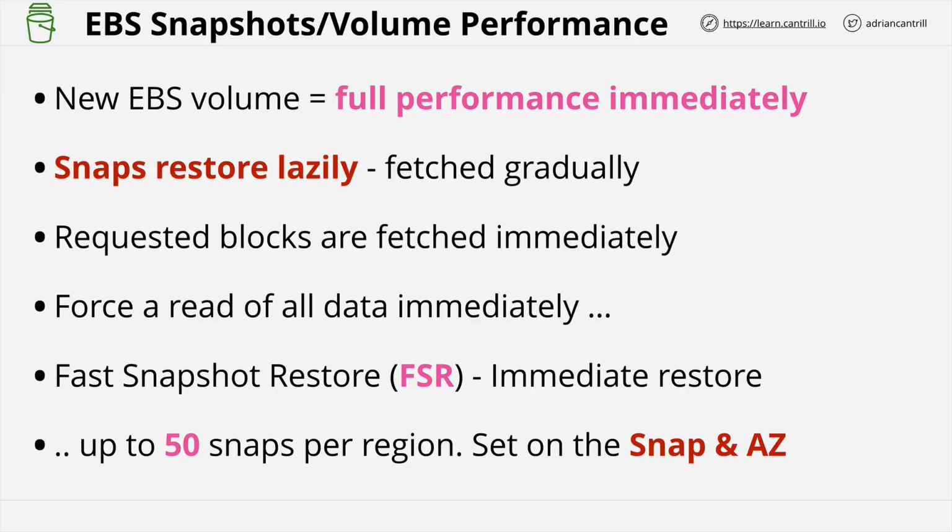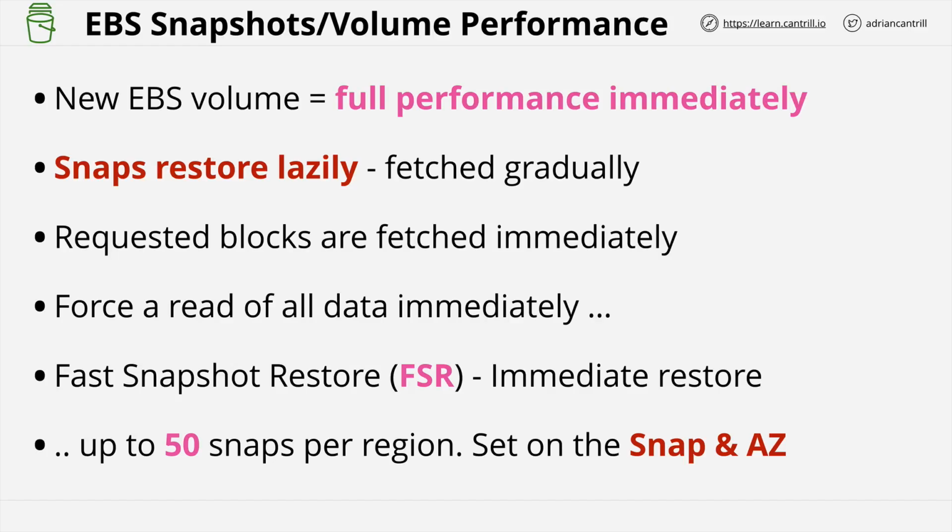Each combination of that snapshot and an AZ is classed as one fast snapshot restore set, and you can have 50 of those per region. So one snapshot configured to restore to 4 availability zones in a region represents 4 out of that 50 limit of FSRs per region, so keep that in mind.